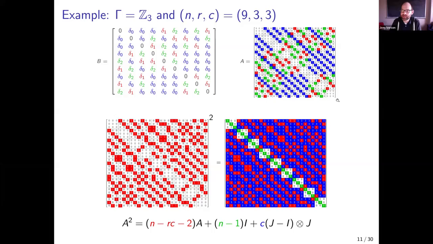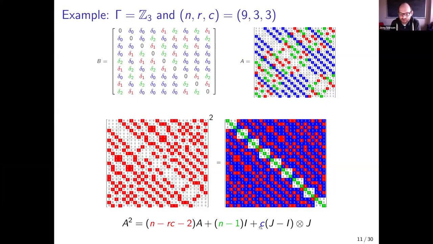And that graph really is the underlying graph of the DRACKN. But what I care about is that when I square this A, it looks like this. I get some multiple of A itself, those are the 1s over here, and then n minus 1 times the identity, those are the 8s going down the diagonal.